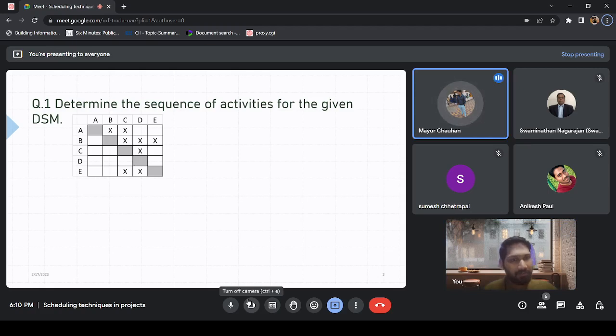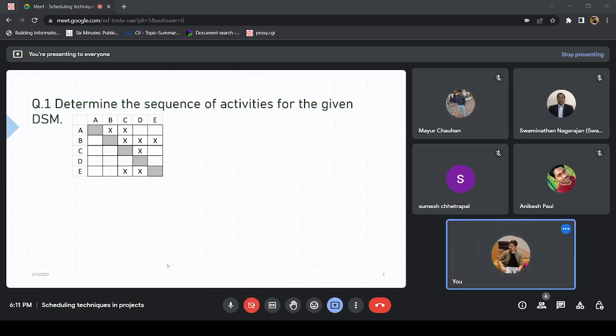Yes, actually, in Primavera, this method is also not used because I'm also working in Primavera. Okay. So you're telling that there is something like this in Primavera? Yes, sir. I only used Primavera till PDM, not for DSM. I will have to try it. Thank you.